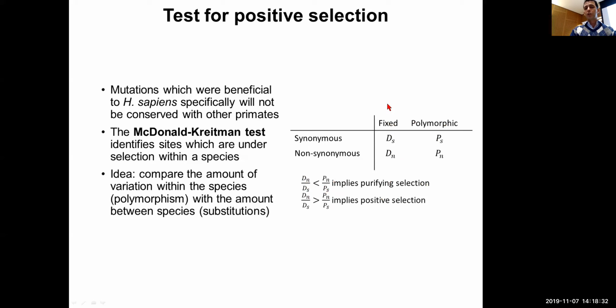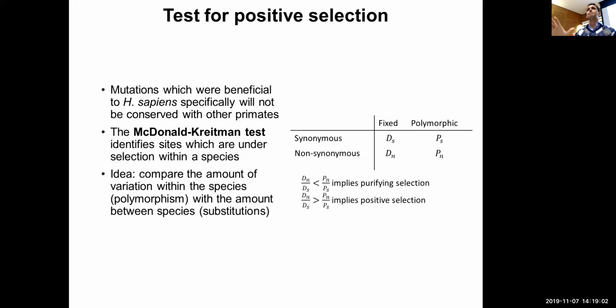If instead the number of fixed changes that are derived from the ancestor that are different, that are happening in human, are in fact greater, that implies positive selection. So that basically says that if a site that is different from what the chimp had is now fixed in the human population, that basically means that it rose in frequency and it basically became the dominant form because of selection.